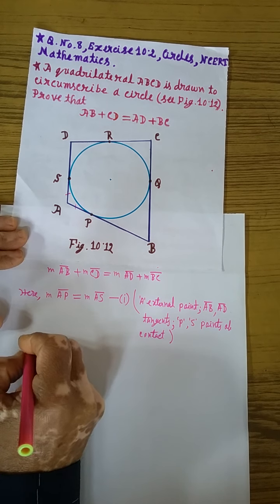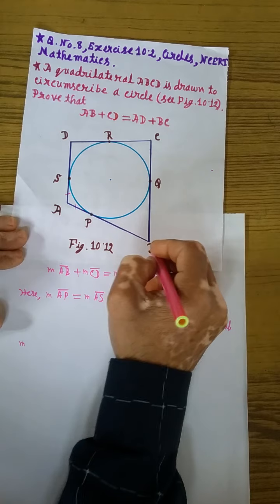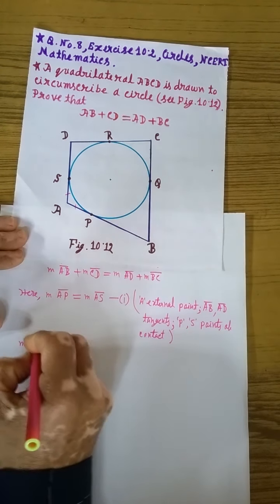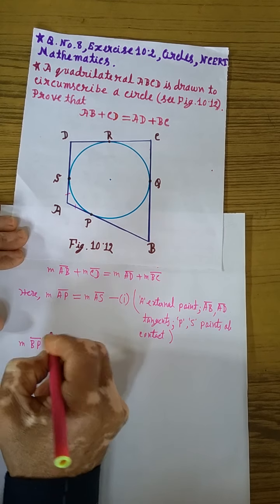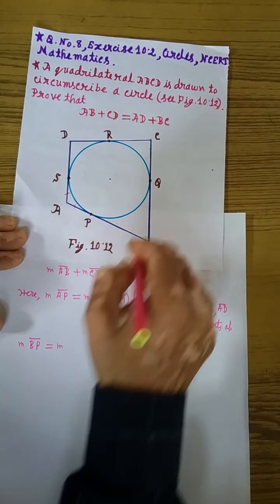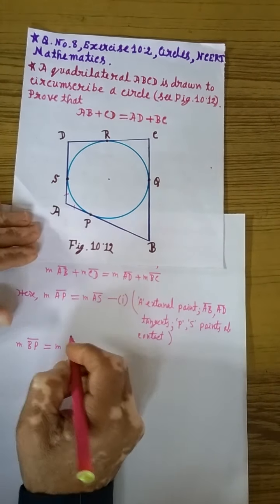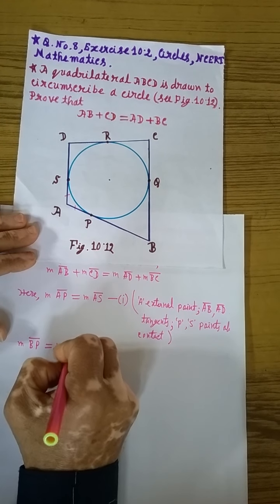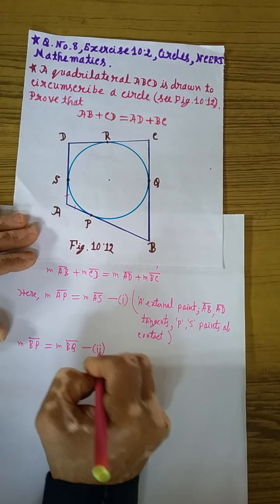After this, write in this way: measure of BP is equal to measure of BQ, this one. Let us name this relation as 2.